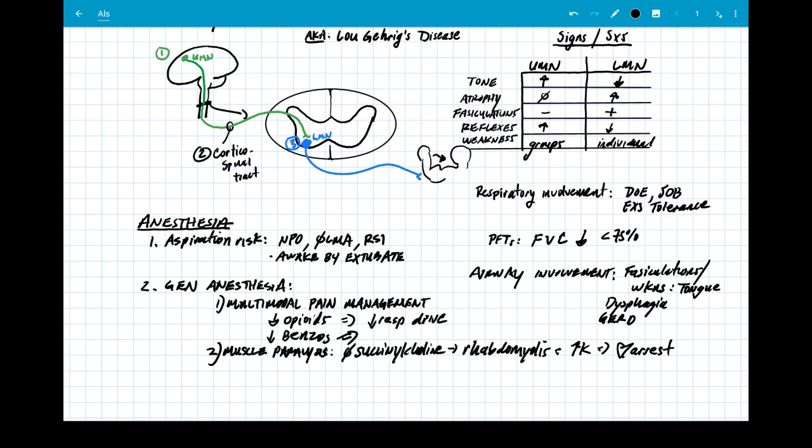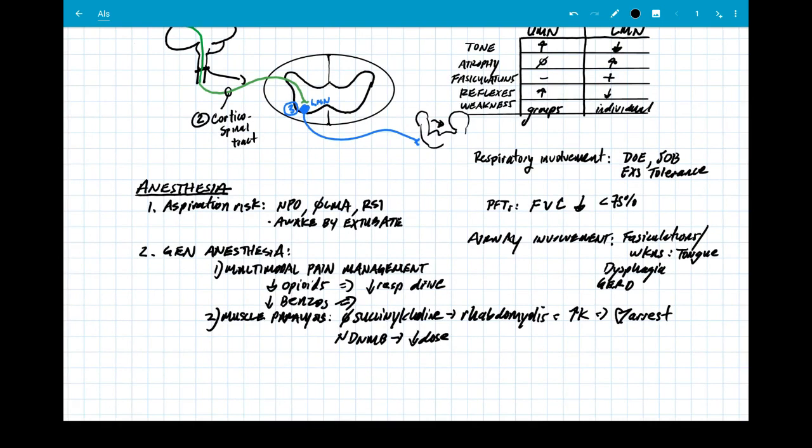If you do want muscle paralysis, don't use succinylcholine, as I mentioned, because it will cause rhabdomyolysis and hyperkalemic cardiac arrest. So if you do want muscle paralysis, use a non-depolarizing neuromuscular blocker. But you may want to decrease your dose because the patients are already weak and may not need as big of a dose as you would typically give.